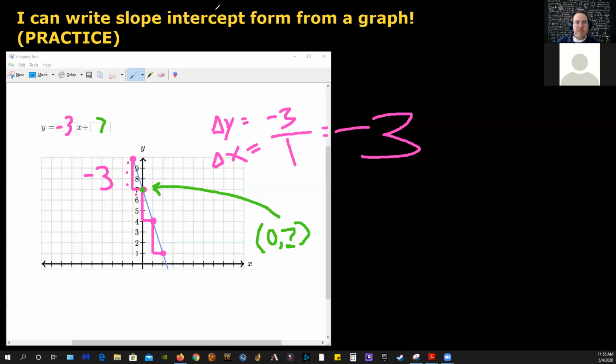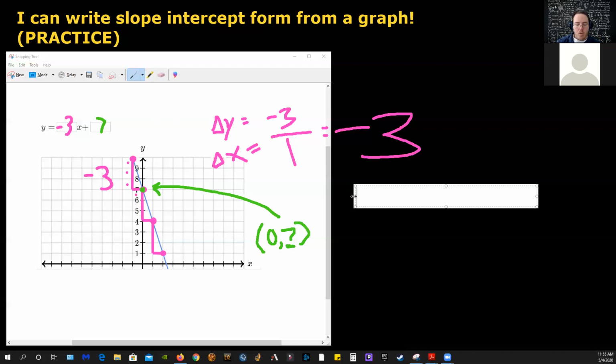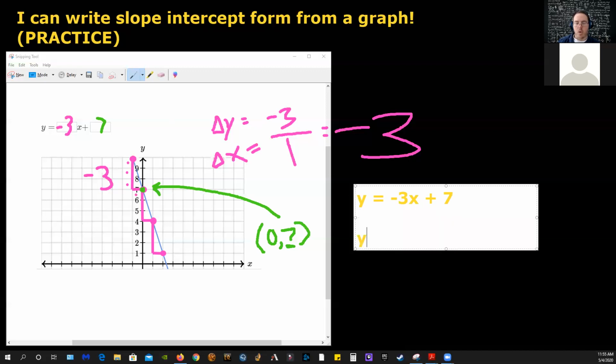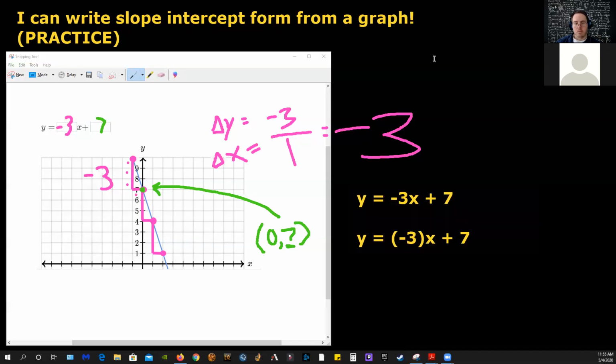So if you had to type out this equation, the way you'd probably want to do it would be y equals -3x plus 7. I mean, I guess you could use parentheses and say y equals parentheses -3 parentheses x plus 7, but they're both appropriate. I think either one of those would have been fine.